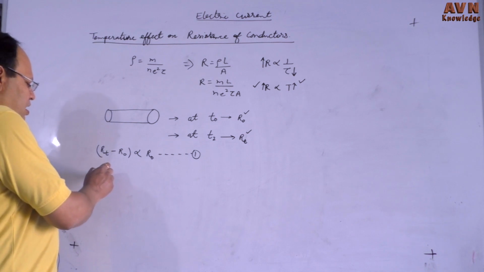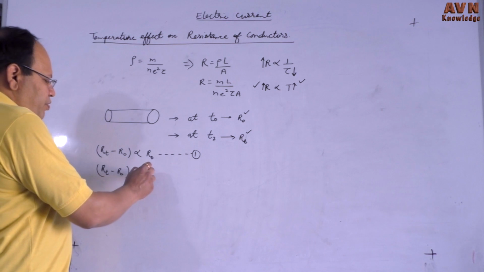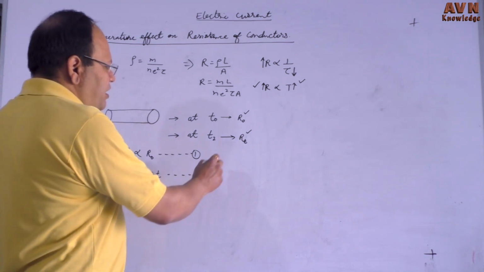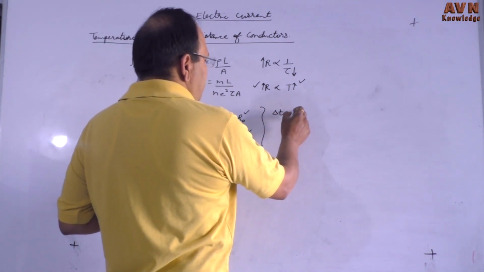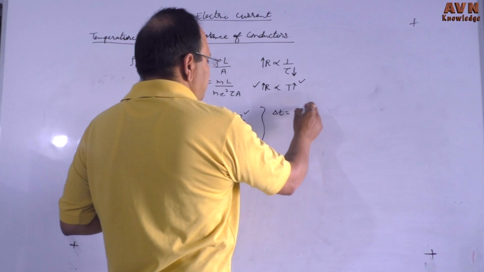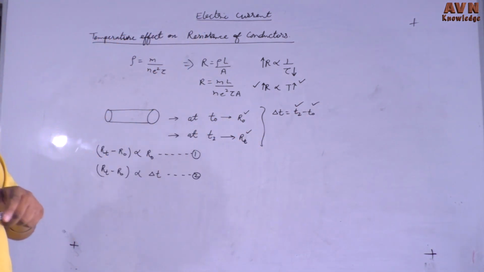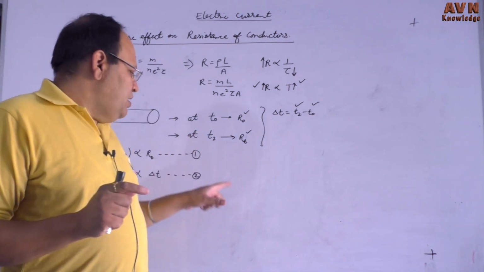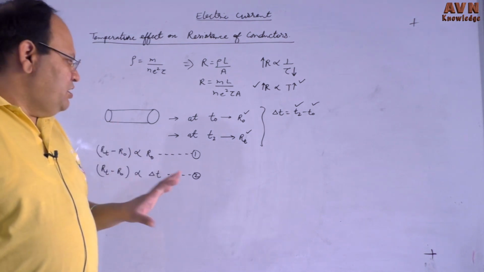RT minus R naught is also proportional to delta T. What is delta T? Delta T equals the difference of temperature, that is T2 minus T naught. The difference of the temperature is proportional to the difference of the resistance.